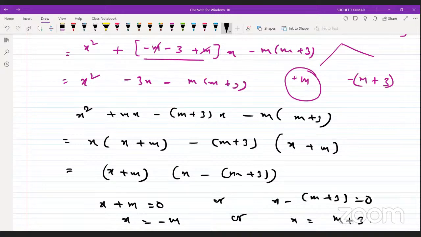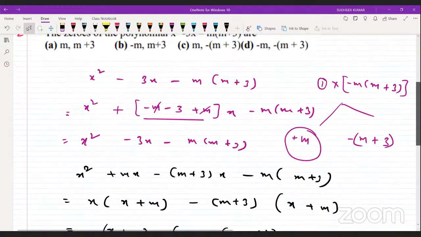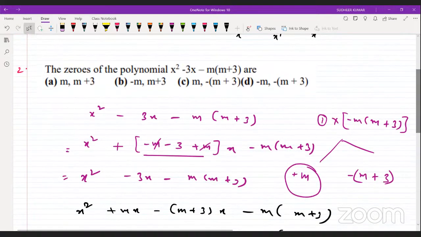So these are the zeros of the polynomial, isn't it? So the correct answer is minus m and m plus 3. Option B. Let's go to the next one.